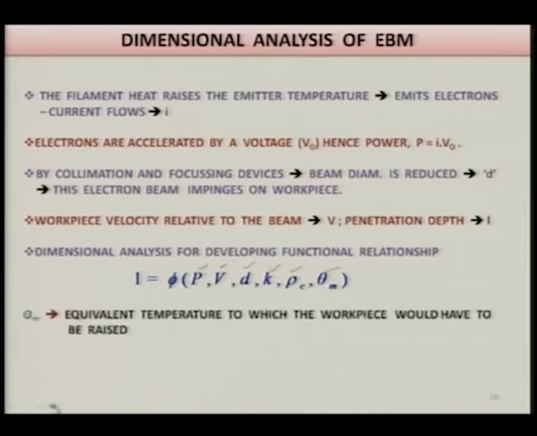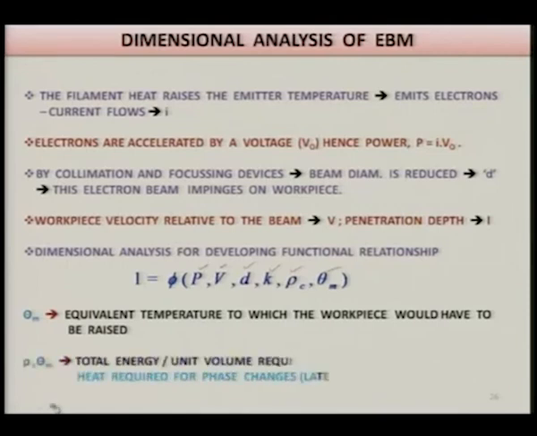Theta m is the equivalent temperature to which the workpiece would have to be raised. In rho c theta m is the total energy per unit volume required for melting. It includes heat required for phase changes, that is the latent heat of fusion as well as latent heat of vaporization, which I have shown to you in the equation in the earlier slide.